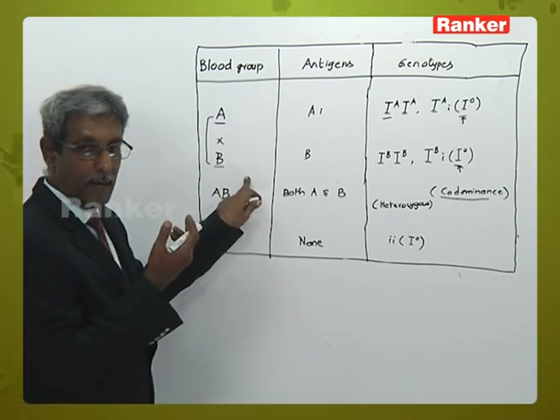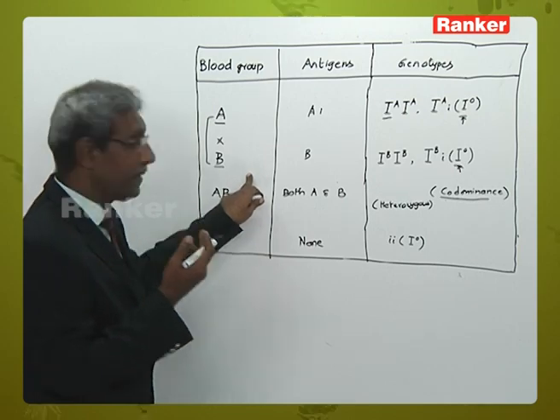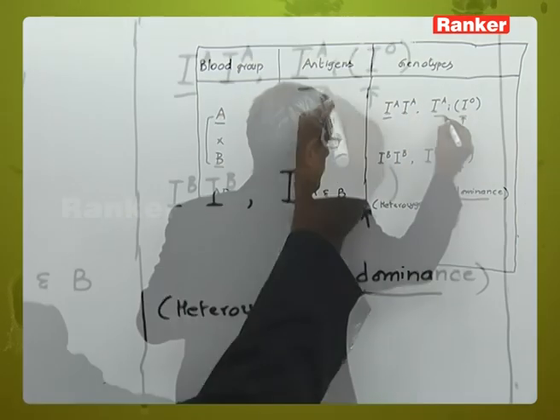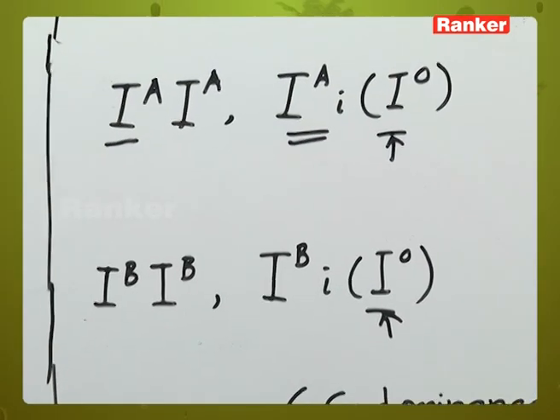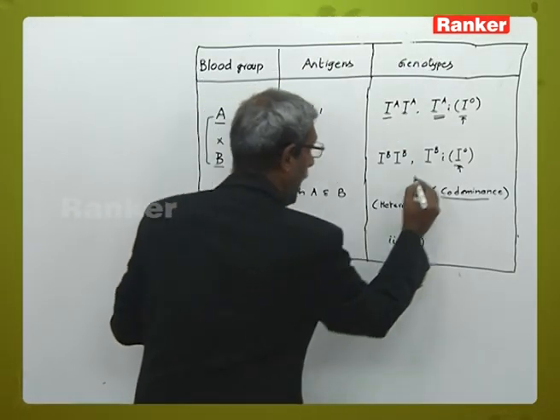The genotype of the parents can be either IA small i, or it could be IB small i.